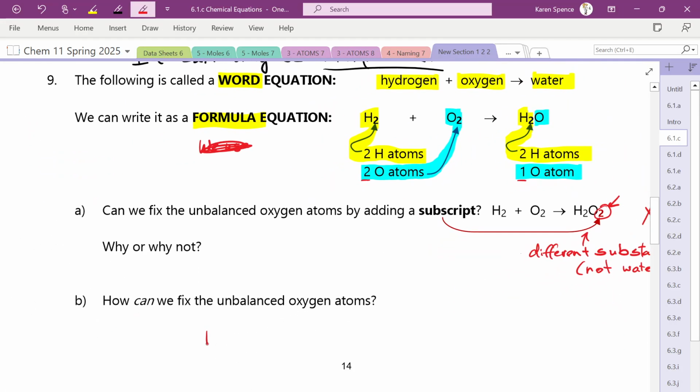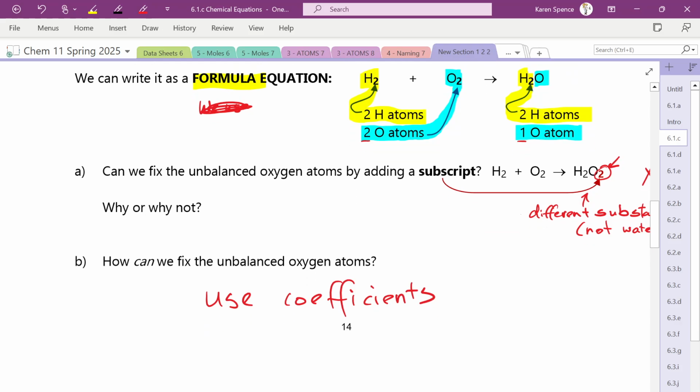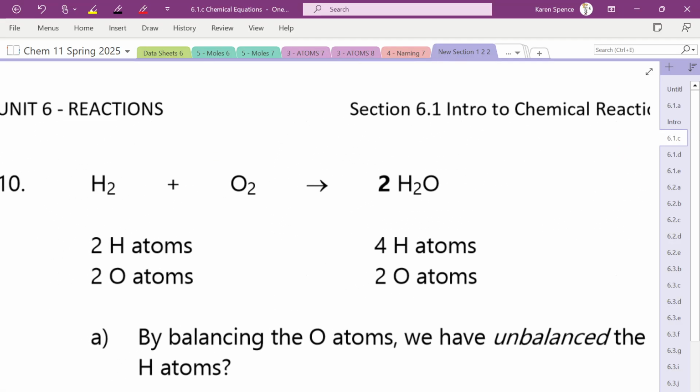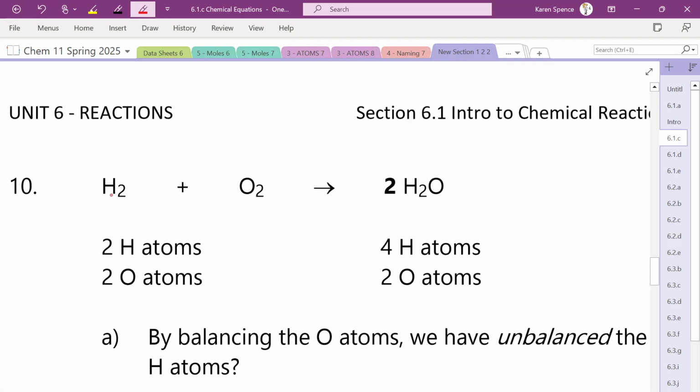How can we fix it? Use coefficients. How do we do that? Well, let's go across to the other side. We're going to put a 2 in front here. So we have now put a 2 in front of the H2O.